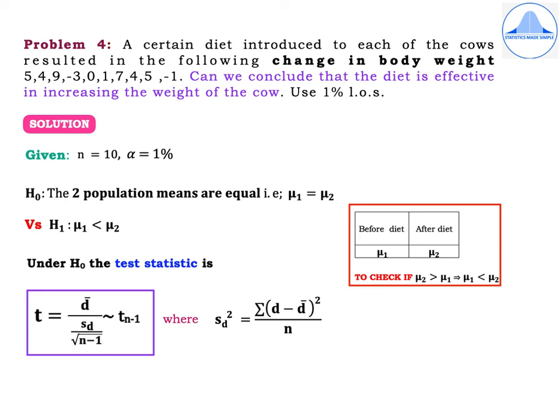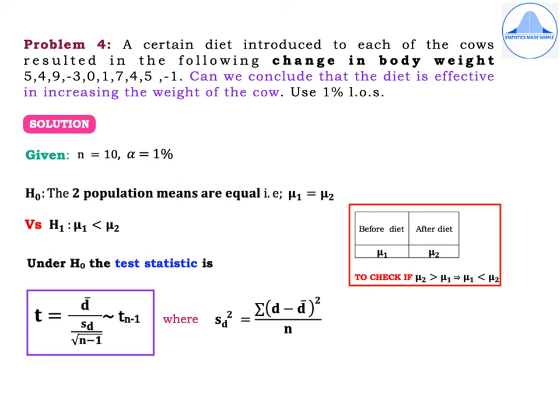So H naught will be the two population means are equal, that is mu1 is equal to mu2, versus H1, mu1 is less than mu2. Now why is the alternative a left tailed alternative? In the box highlighted in red on the right hand side of the slide, before the diet was introduced, the mean weight of the cows is denoted by mu1, and after the diet was introduced, the mean weight of the cows is mu2.